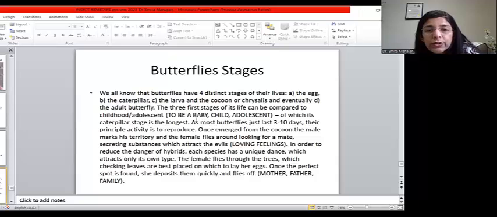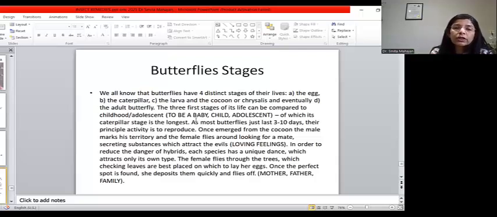In order to reduce the danger of hybrids, each species has a unique dance which attracts only its own type. The female flies through the trees, checking which leaves are best placed on which to lay her eggs. Once the perfect spot is found, she deposits the eggs there, and quickly she flies off.